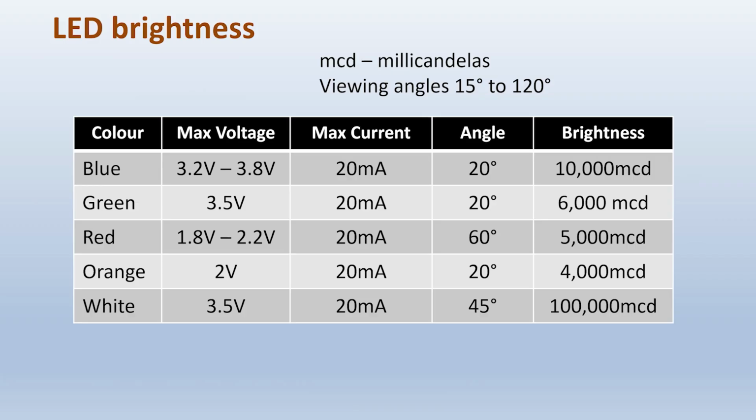Some of the white ones can go up as far as 100,000 millicandelas. So we're talking about 100 candelas of light, depending on what you want to illuminate, how bright you want the light to be seen, and what viewing angle they have. We'll come to that later.